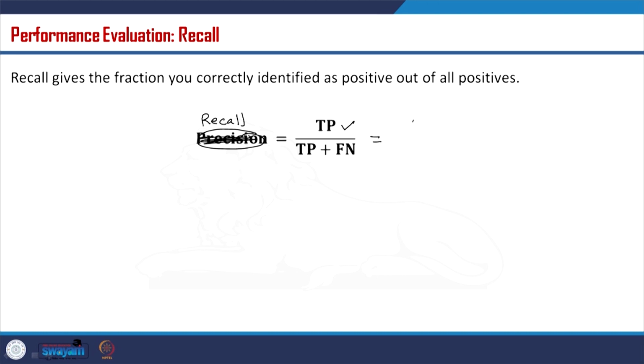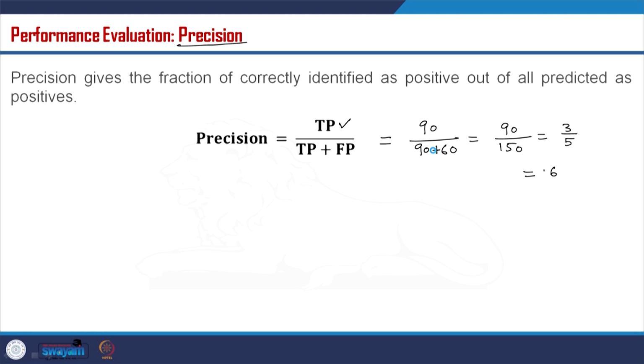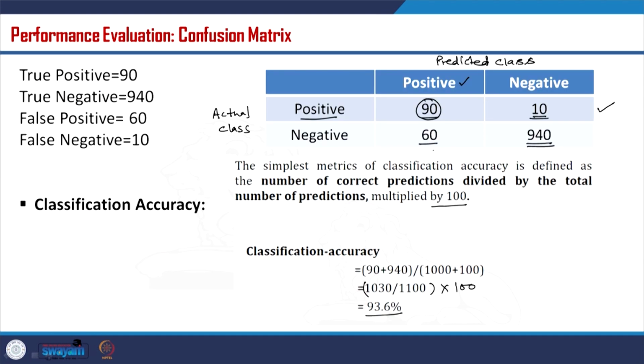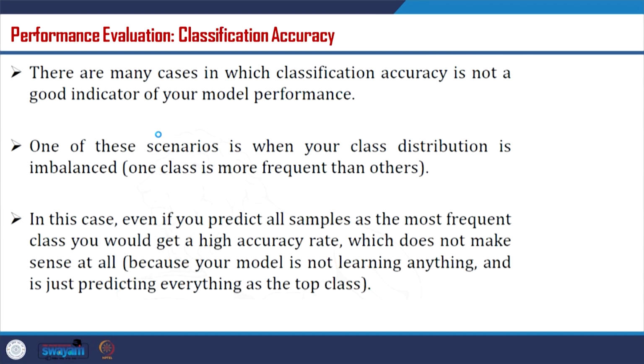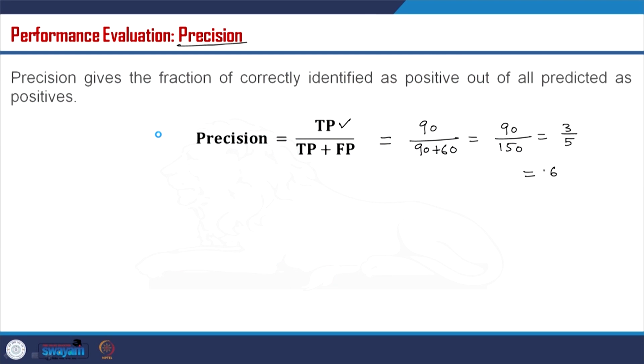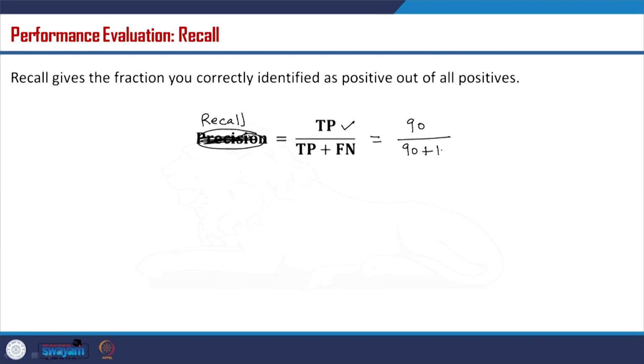So, it will become 90, which is true positive, upon 90 plus false negative. False negative is 10. So, it will become 90 upon 100, which is just 0.9. So, recall is higher in this case.